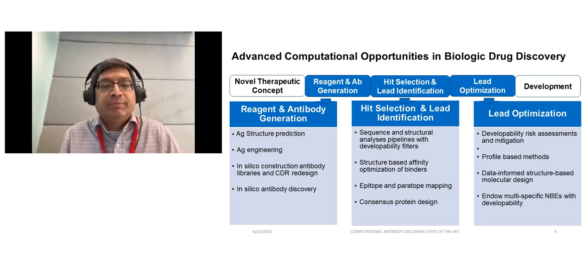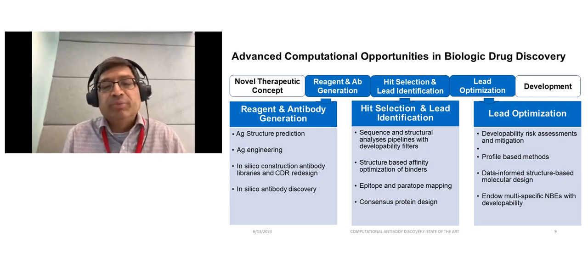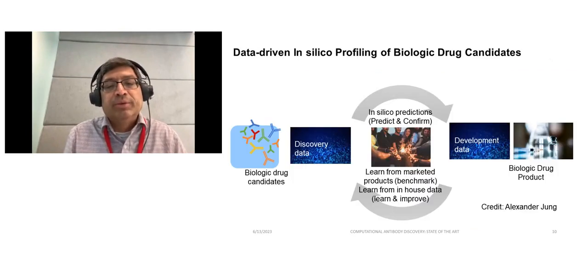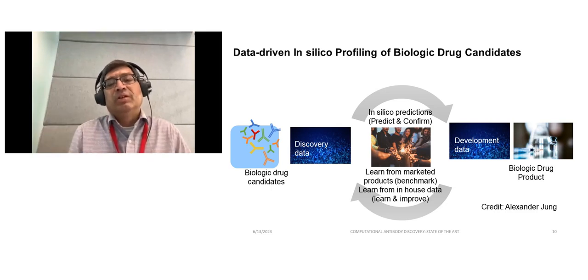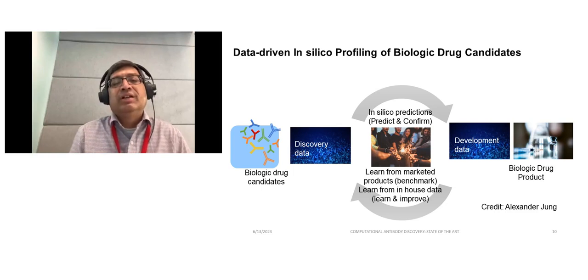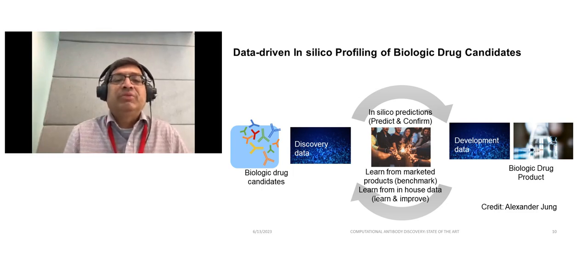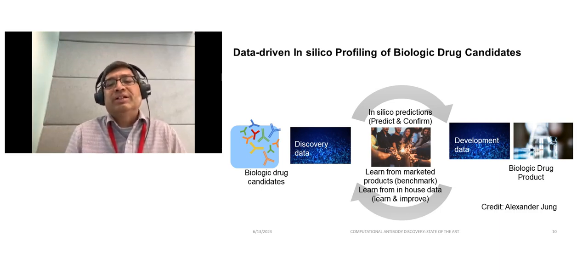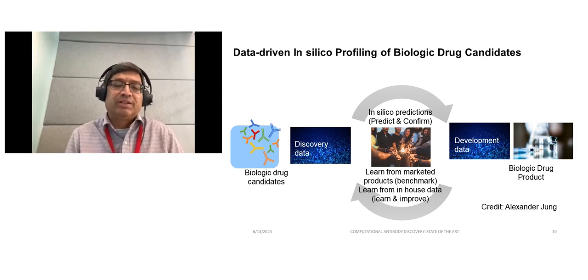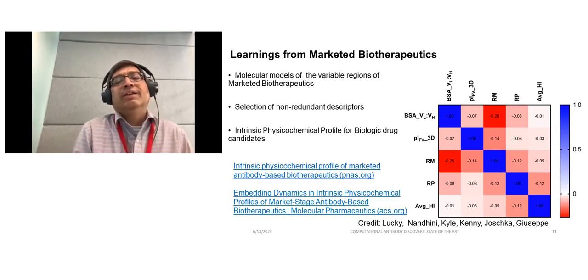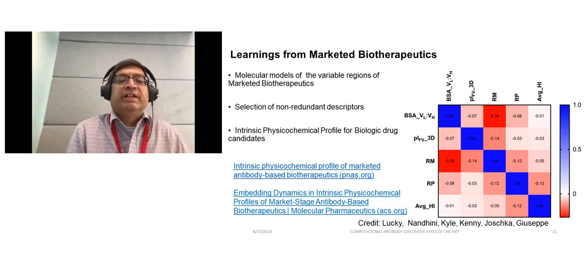I would not belabor this point further, but I'll go into some of the work. The reason we need to do this is that we need to talk between discovery and development data in a cyclical manner, and we should learn from both discovery and development. And eventually, to show some of the things that we have come up with, there is the medicine-likeness profile.